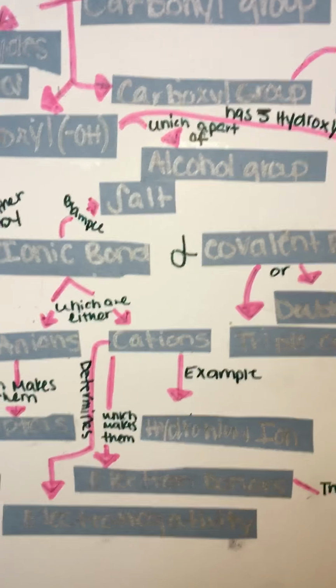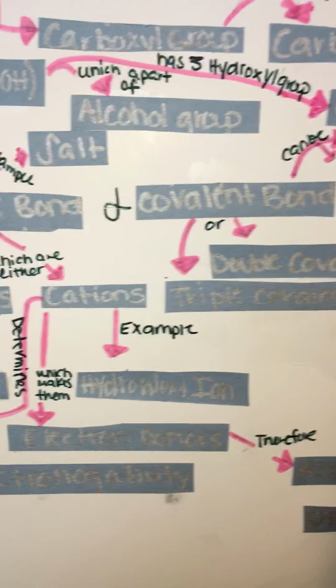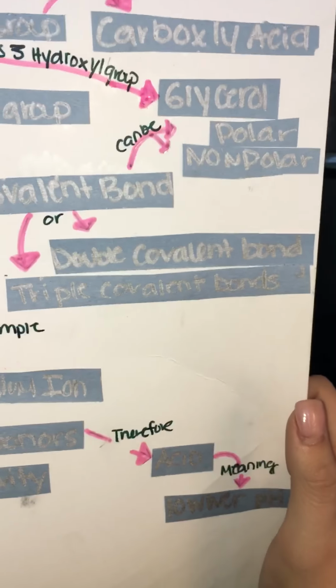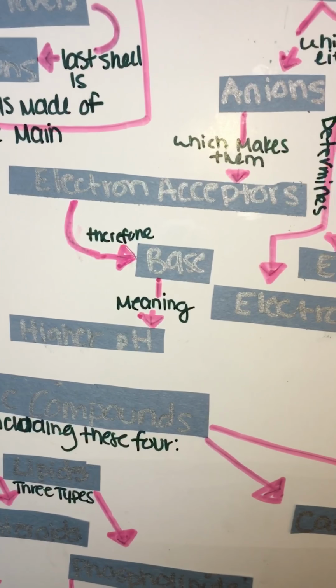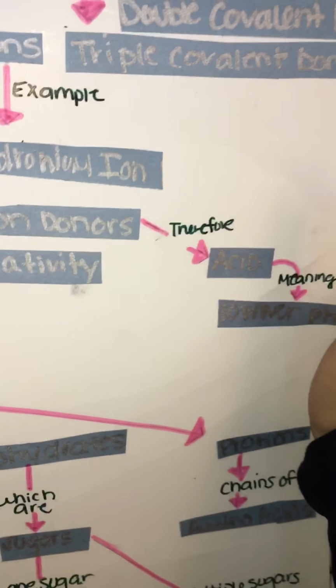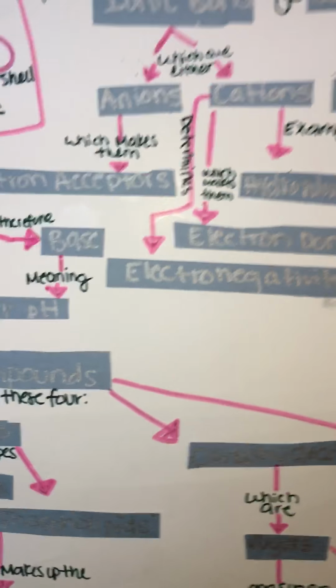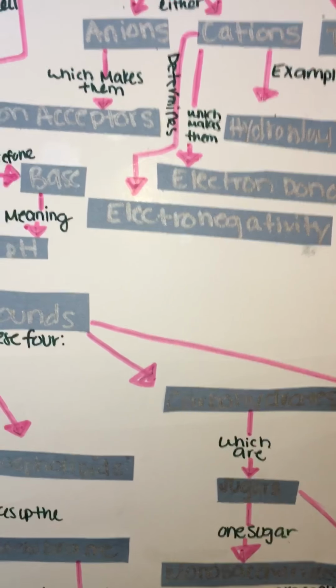They're held together by either an ionic or covalent bond, where ionics are anions or cations, and covalent bonds are polar or nonpolar. Your anions are going to be bases, your cations are going to be acids. Then you have the determining of electronegativity, electron donors, etc.